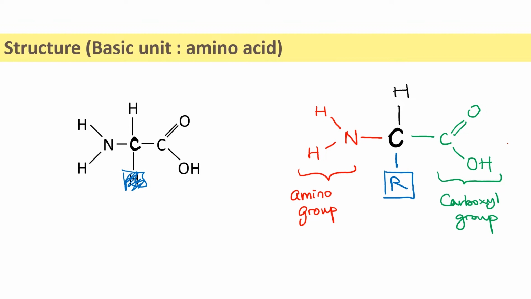This group is actually acidic, and that is why this whole chemical is called amino acid. Amino group, an acidic group called carboxyl group. There is an H on one side, and there is a side chain on the other side, and this is variable. That means different in different amino acids.